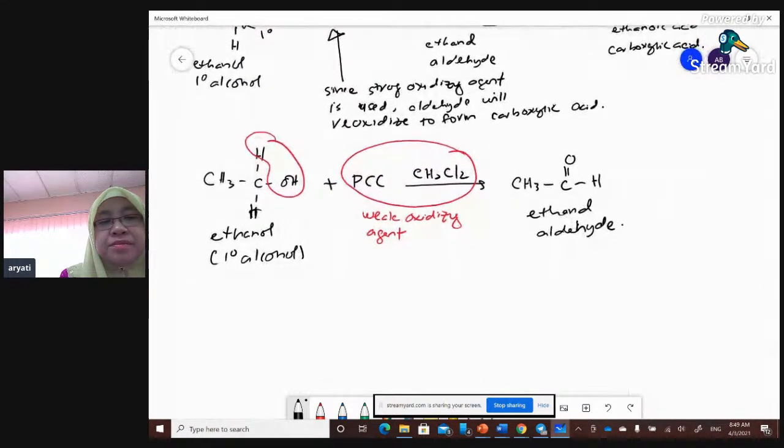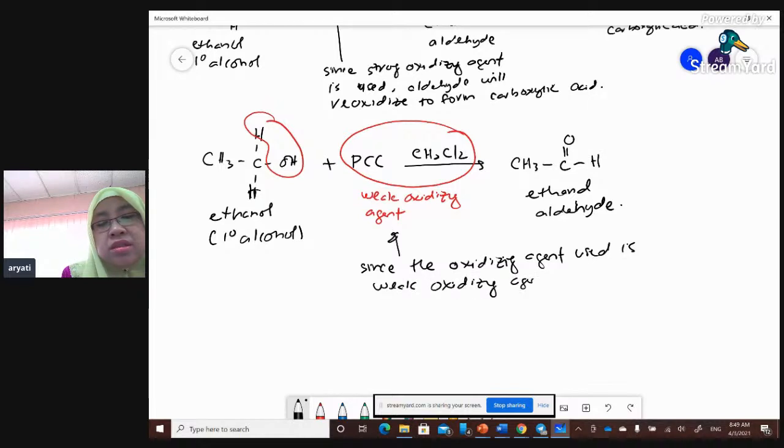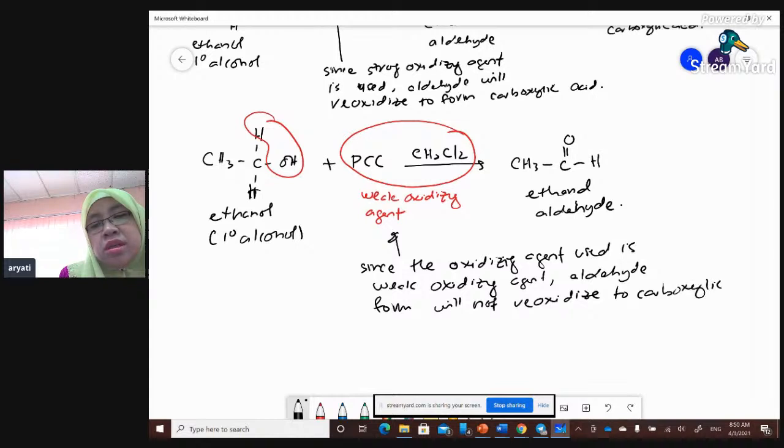Okay, so since the oxidizing agent used is weak oxidizing agent, so aldehyde formed will not reoxidize to carboxylic acid. So dia akan stop sampai aldehyde saja.